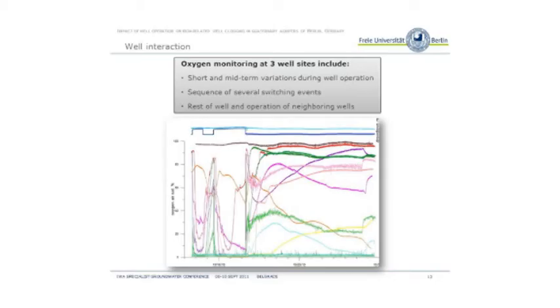So we carried out quite a few of these measurements at 3 different well sites, just to compare if it's only at one site or if that's a general pattern. And we did different studies, different experiments. So we did short and midterm variations during the well operation.